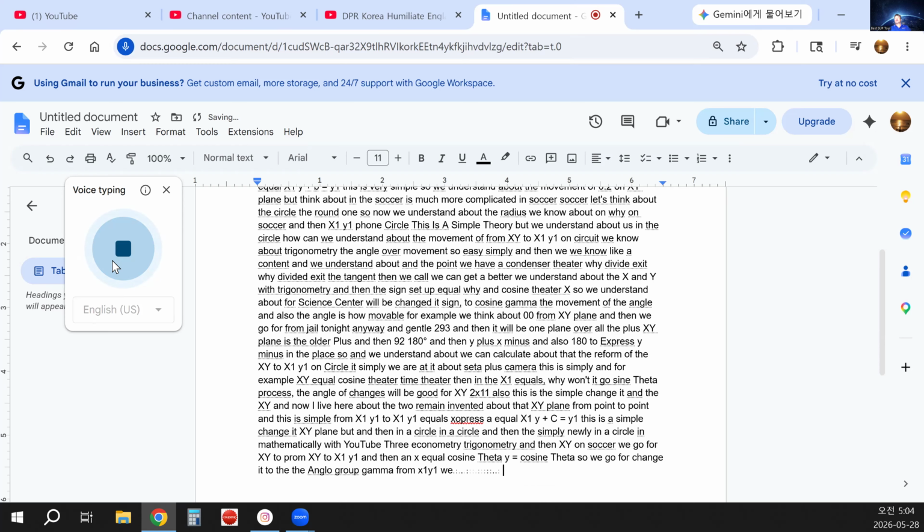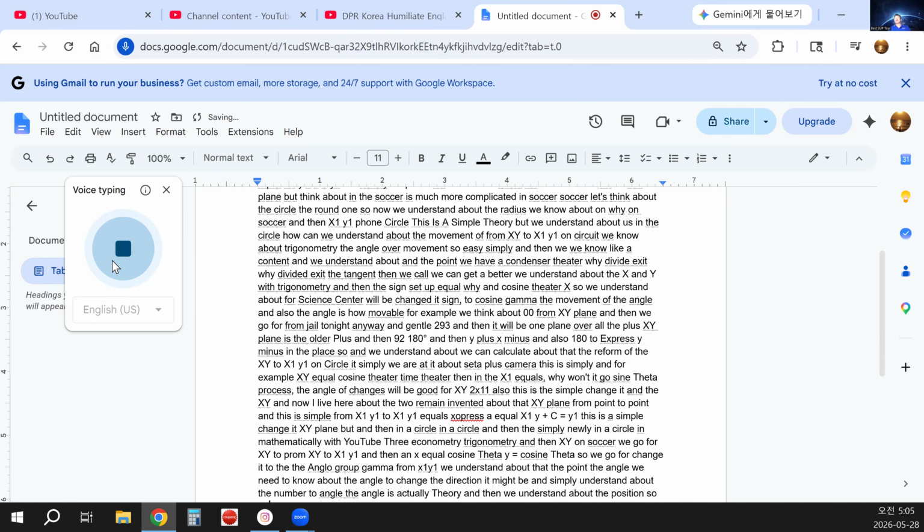We need to know the angle to change the direction. The angle is the theory of trigonometry, and then we understand the position.